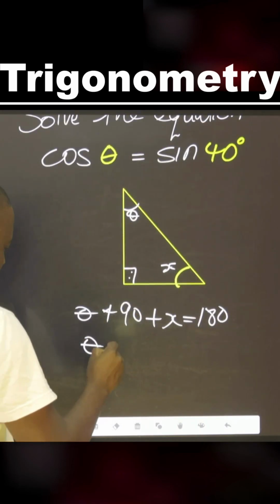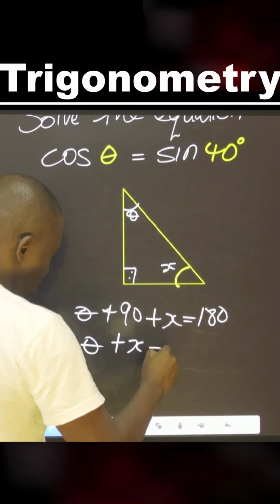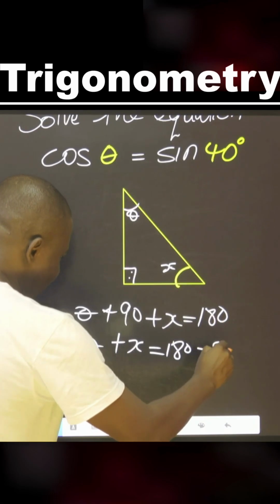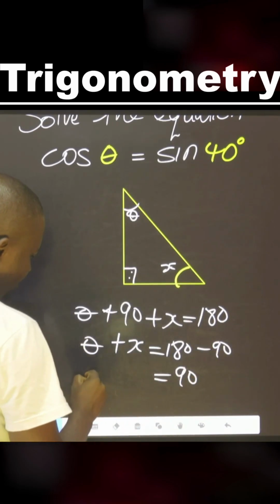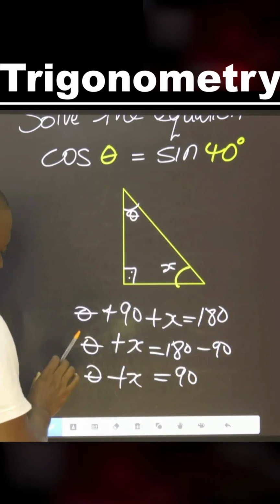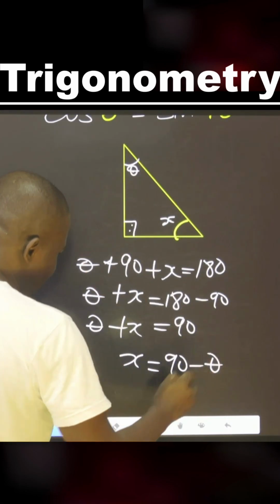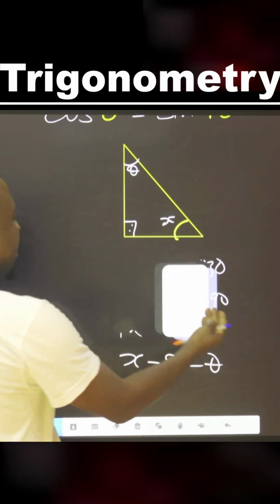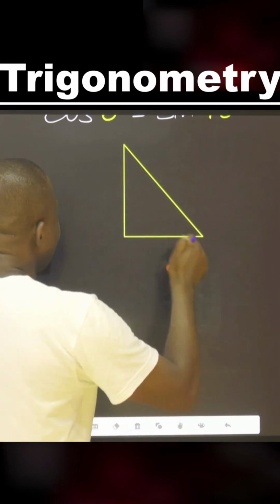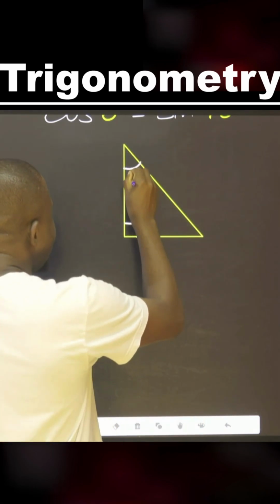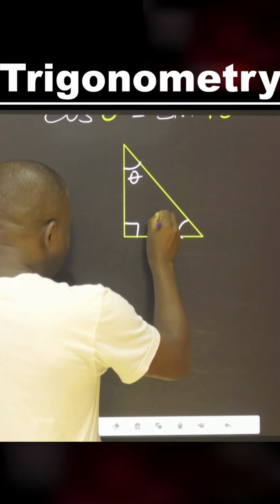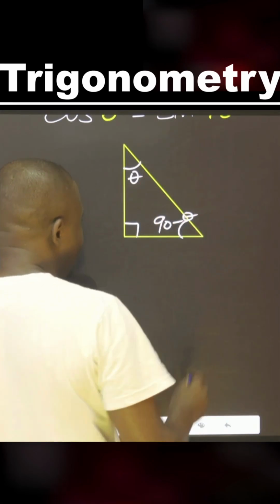So theta plus x equals 180 minus 90, which is equal to 90. So x equals 90 minus theta. So here I can comfortably write 90 minus theta.